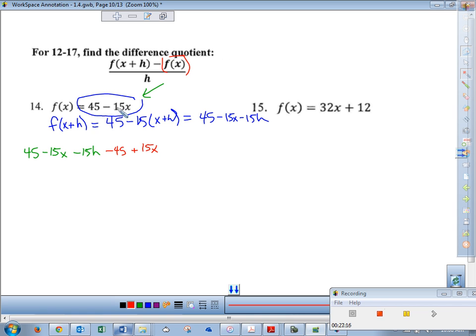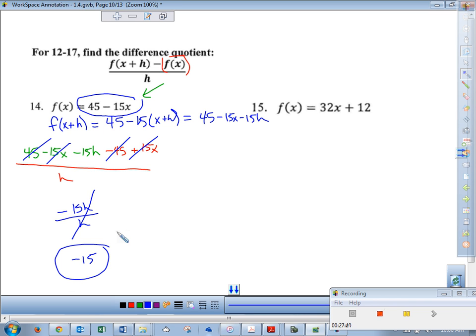You're distributing the negative 1 through there. All over h. Does most everything cancel out? 45's gone, and negative 15x, positive 15x, negative 15h over h. H's are gone, negative 15.